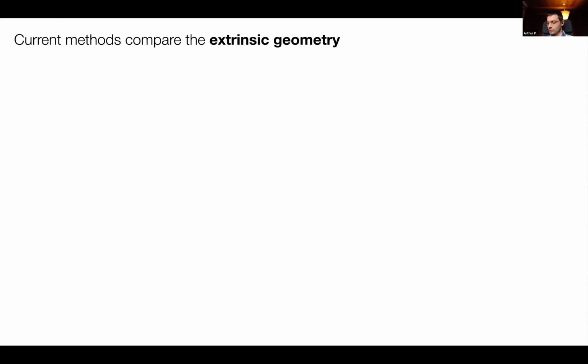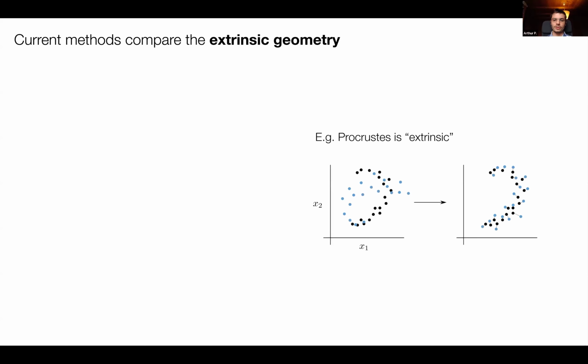One feature of existing methods is that they focus on the extrinsic geometry of neural representations. For example, Procrustes, as I've mentioned, just takes the neural space, or the manifold, and rotates it to align it with the other, and then just measures the Euclidean distance between points.